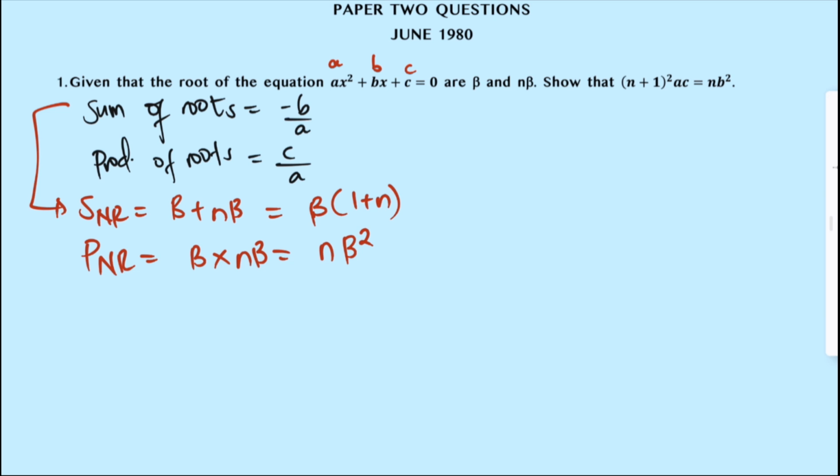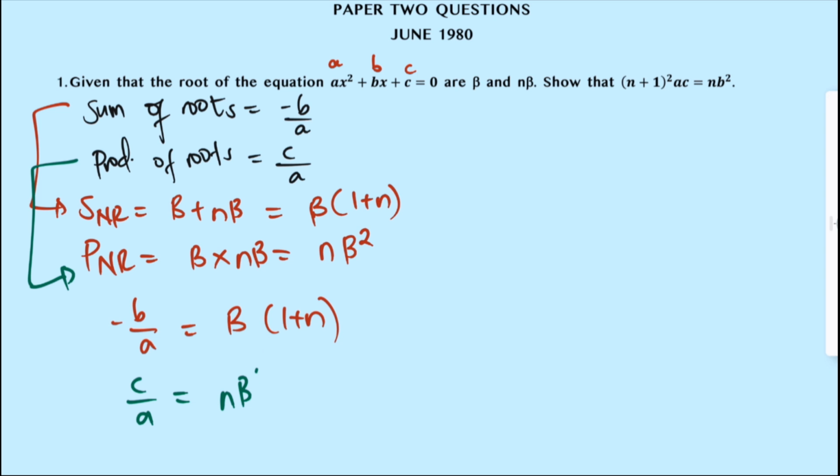So we have the sum of new roots, which goes with this. We have negative b over a should be equal to beta bracket 1 plus n, and as well the product of roots should be c over a equal to n beta squared.